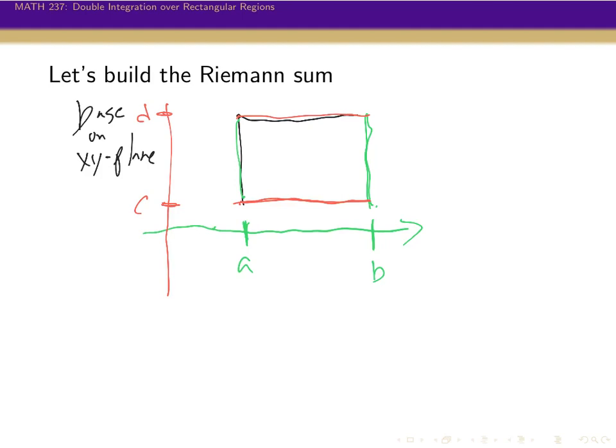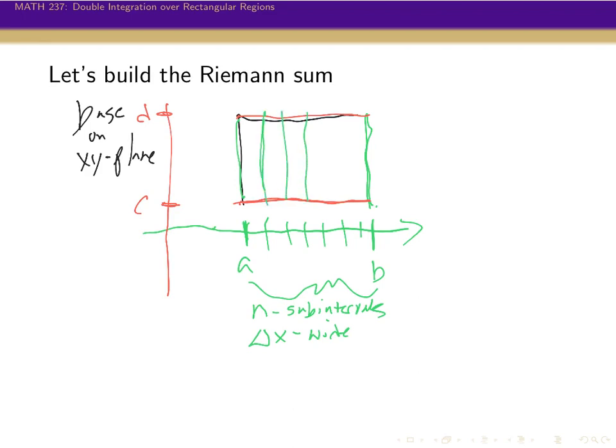What I mean by that is we're going to break this x interval up into n subintervals. These are each going to be delta x wide. So break, break, break, break, break. There's n of them. Slice it up this way.